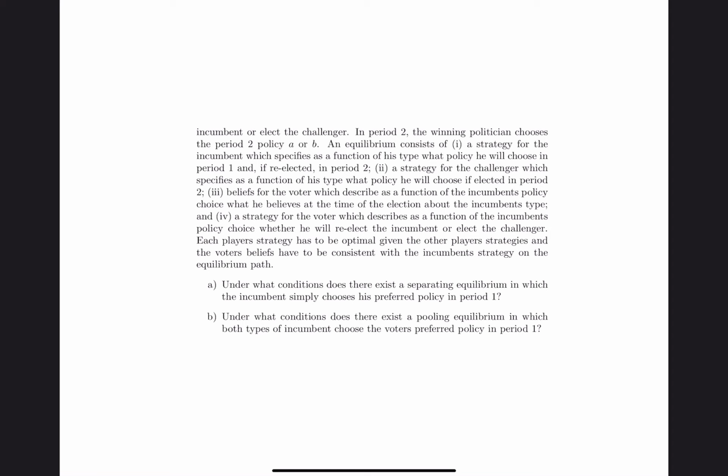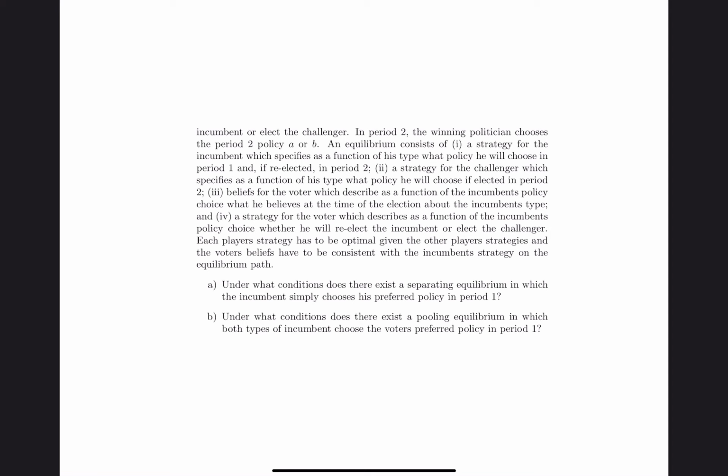Second, a strategy for the challenger which specifies as a function of his type what policy he will choose if elected in period 2. Third, beliefs for the voter which describe as a function of the incumbent's policy choice what he believes at the time of the election about the incumbent's type. And fourth, a strategy for the voter which describes as a function of the incumbent's policy choice whether he will re-elect the incumbent or elect the challenger.